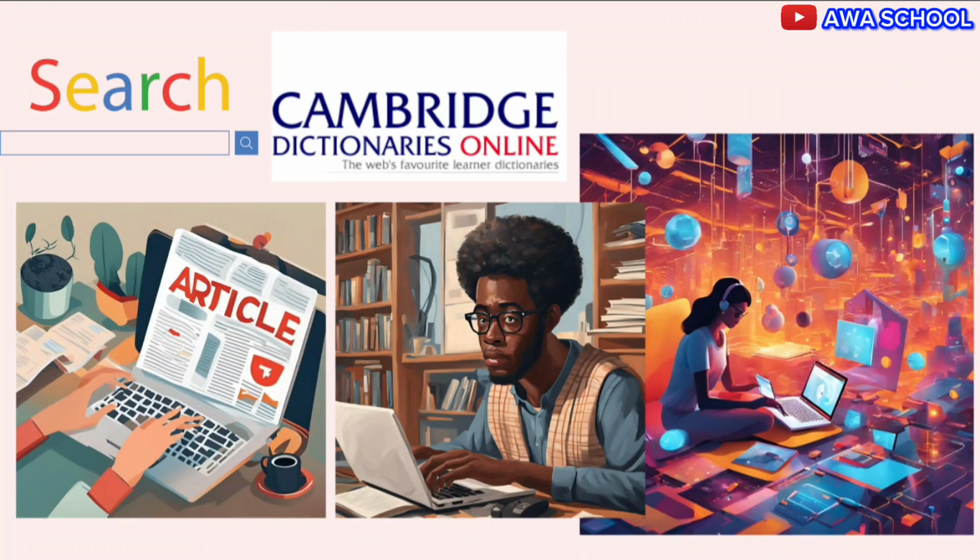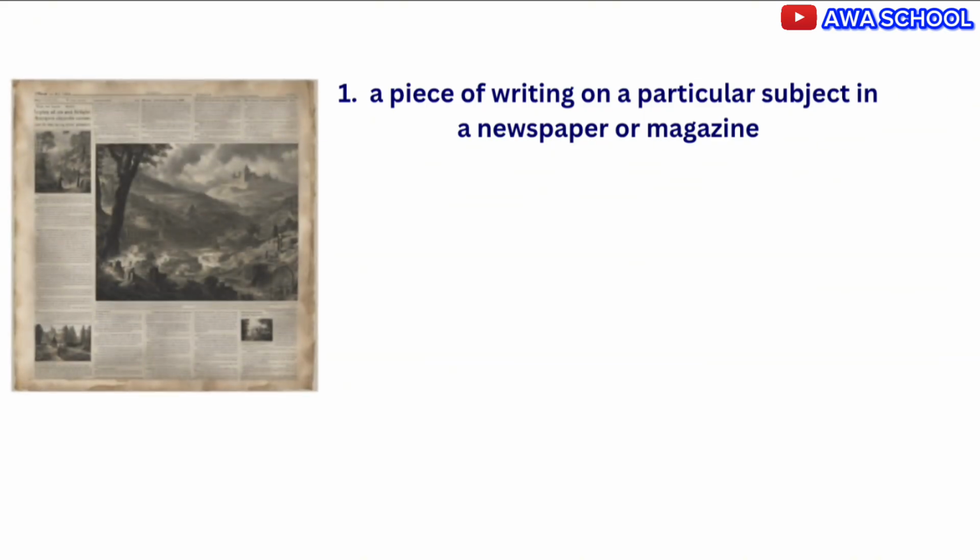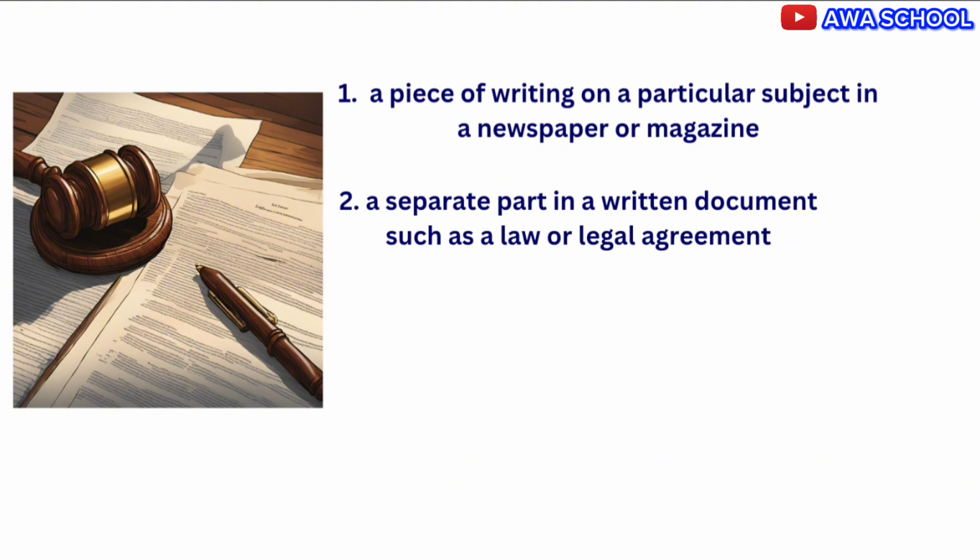Today we'll be looking at the English article. If you go online and search the Cambridge English Dictionary, you will see different meanings such as: 1. A piece of writing on a particular subject in a newspaper or magazine. 2. A separate part in a written document such as a law or legal agreement. 3.